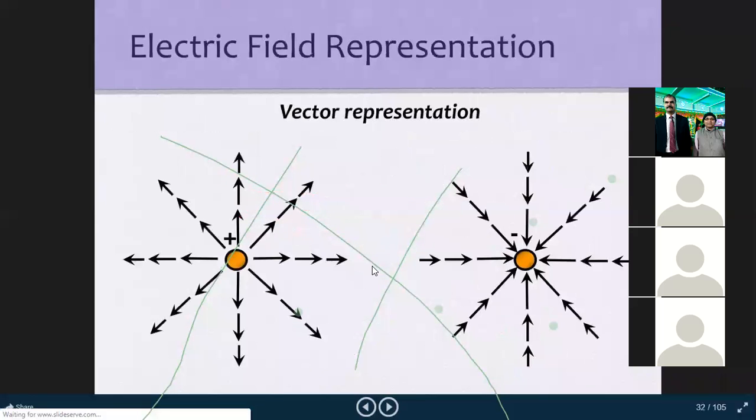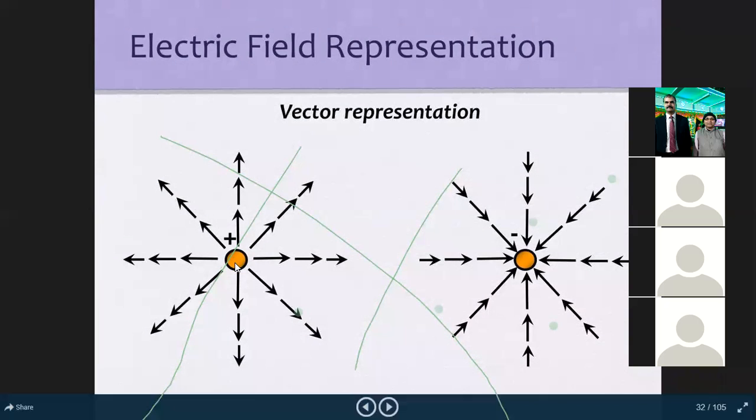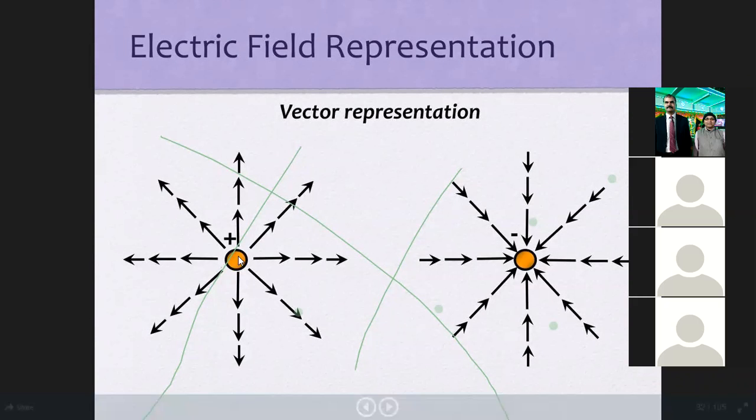Now, this is a vector representation of the electric field of a point charge. Remember this again and again, because such types of questions come in the board exam. This is a positive point charge. Therefore, electric field lines appear to emerge out of the point charge, diverge out, and range up to infinity.